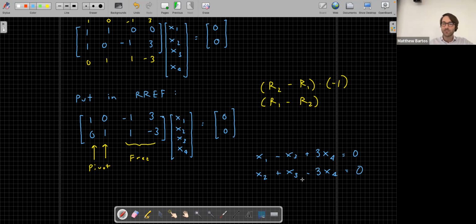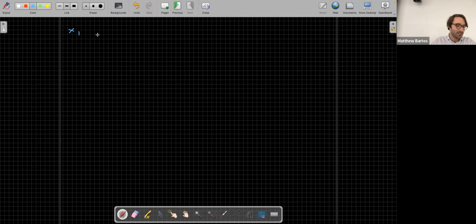So we can just rearrange this, putting x1 and x2 on the left-hand side by themselves. Sorry if I'm going a bit fast here. What we end up with is x1 is equal to x3 minus 3x4, and x2 is equal to negative x3 plus 3x4.